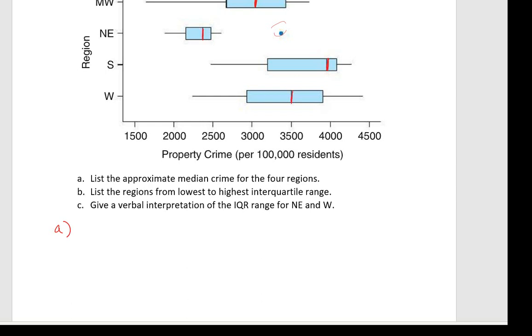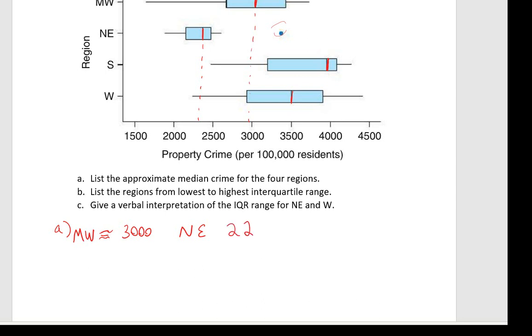So if I look at all of these centers, first for the Midwest, if I kind of follow that dot down, it's about 3,000. So I'm going to say that that's roughly 3,000. If I look at the Northeast, drop that down, it's a little bit less than 2,500.